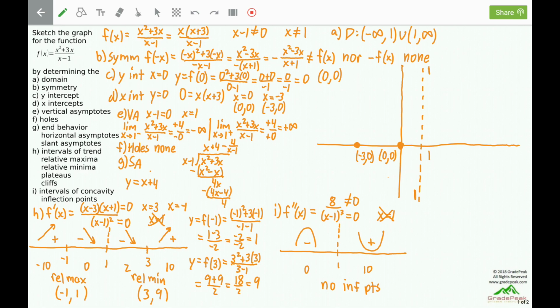We have a slant asymptote of y equals x plus 4. Now, y equals x plus 4, if x is -4, y is 0, so that means it will cross the x-axis over here. And it's going to be a slant asymptote, so we want to make sure it's slanted. It has a slope of 1.